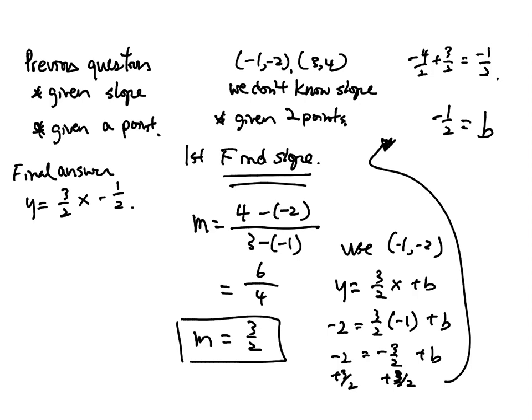Alright, let's move on to the second question. Second question, you have (3, negative 2) and (negative 2, negative 1). So again, find slope first.